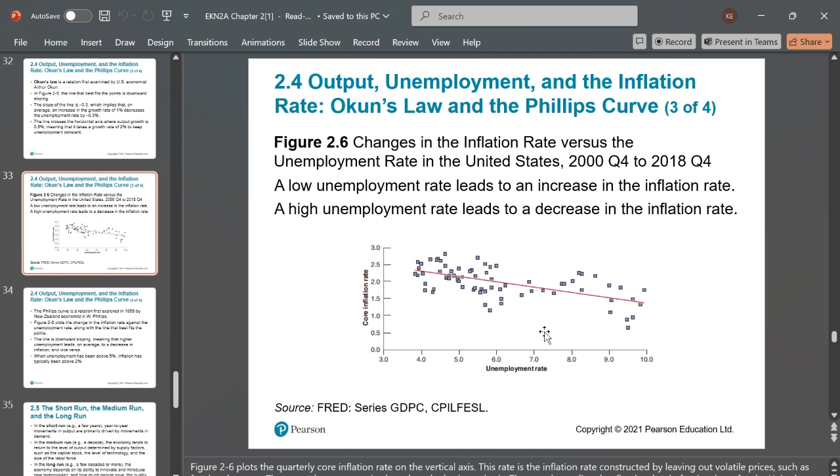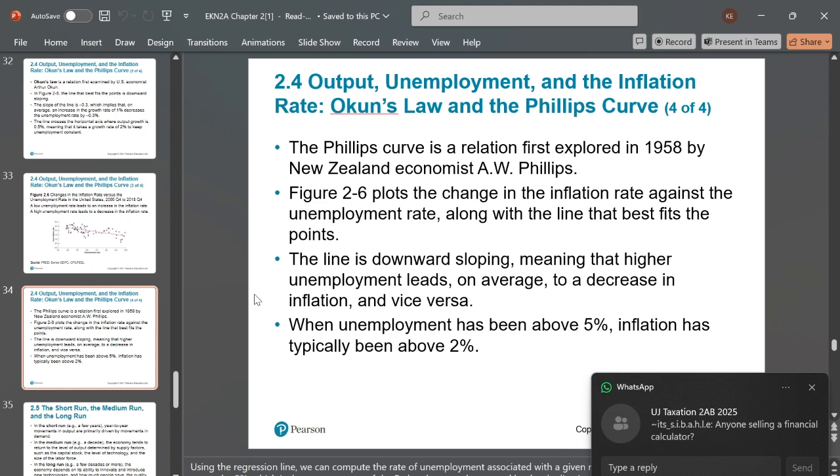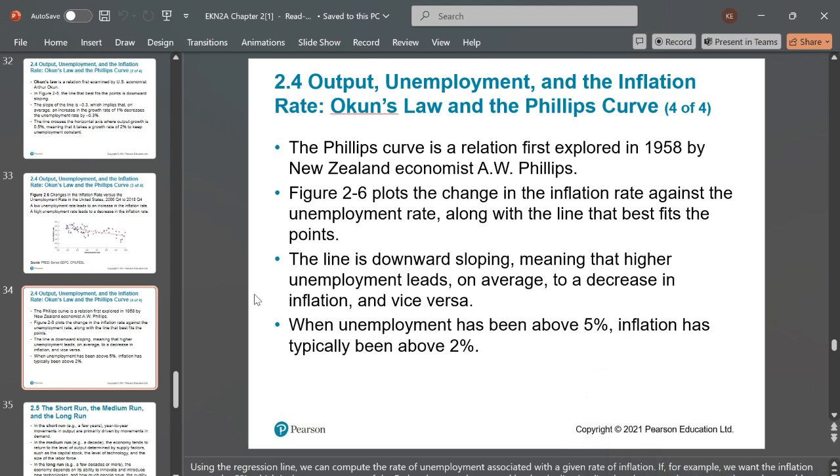So it doesn't make sense to increase the price levels, because who's going to afford the goods? But remember that basically, when unemployment increases, your inflation will decrease, and vice versa. And that is basically summing up our Phillips curve.